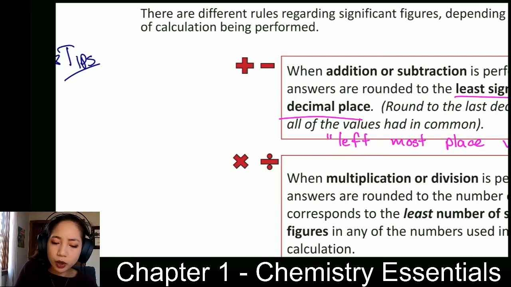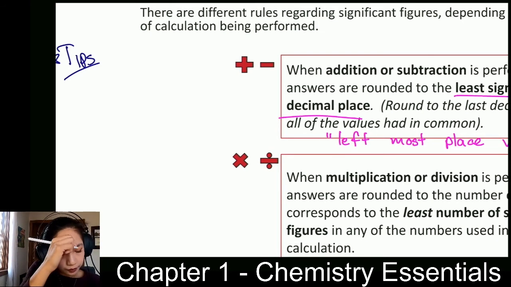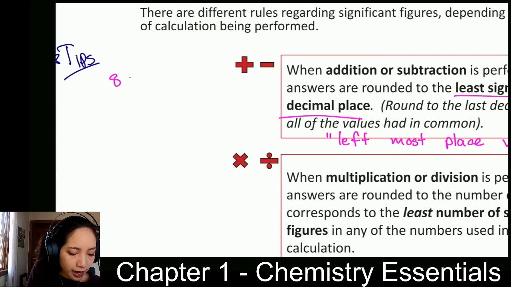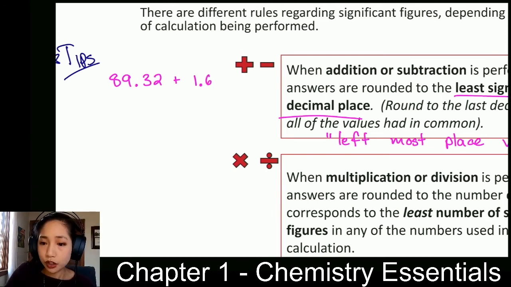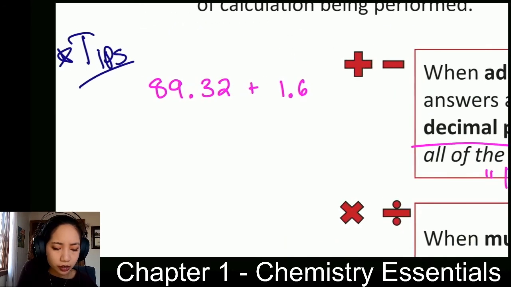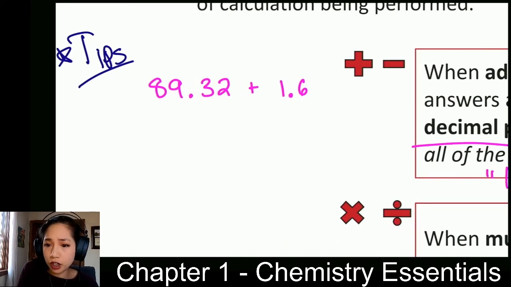One of the best ways to look at addition and subtraction is, when you do the calculation, to put the numbers on top of one another. So let me think of an example. 89.32 plus 1.6. In this example addition problem, the best way to see where the significant figures lie in your answer is to put those numbers on top of one another.